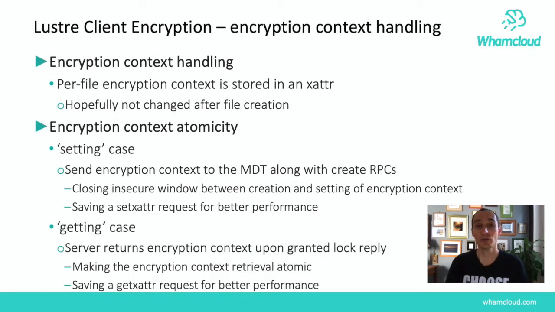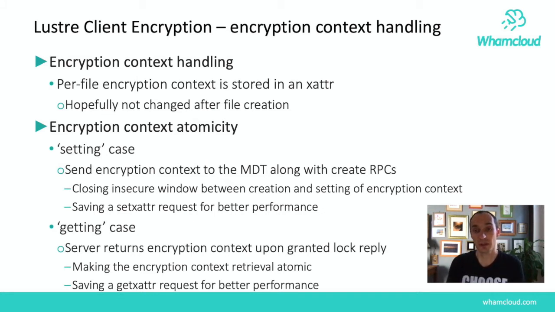So how do we handle encryption context? Encryption context is very important because this is the information that stores for each file the information about the way this file is encrypted. This encryption context is stored in an extended attribute, and hopefully this information is not changed after file creation.